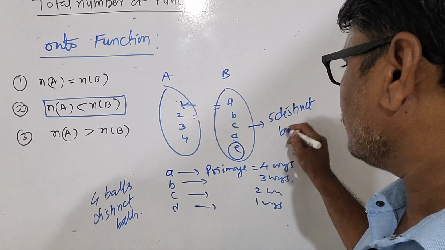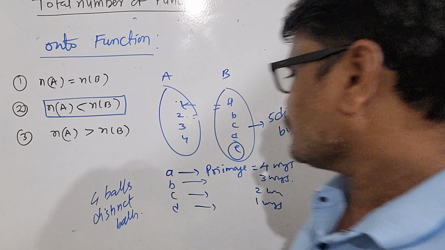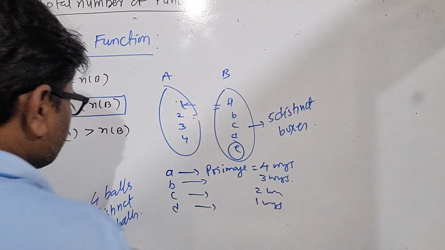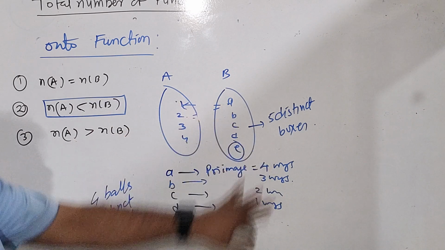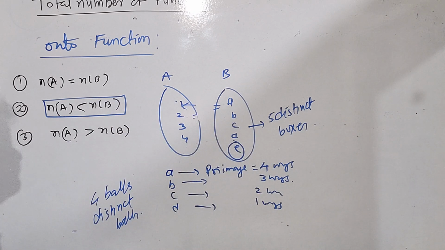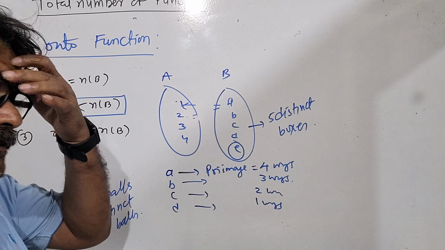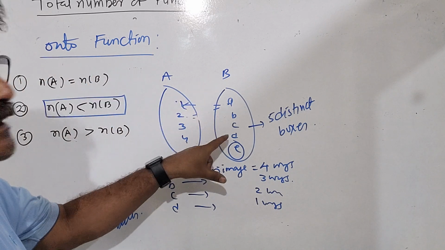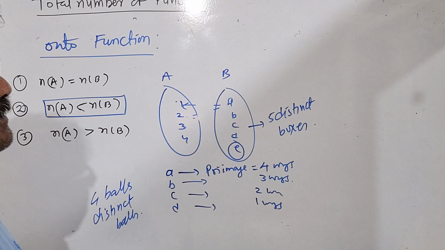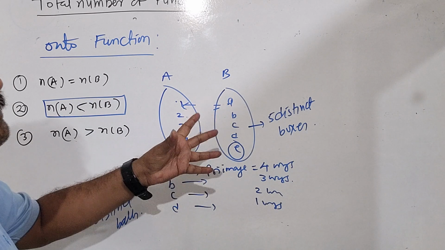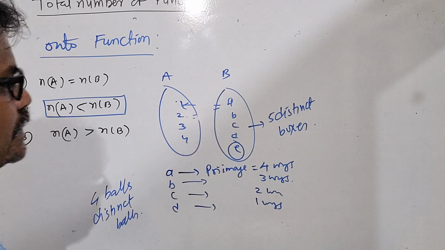So these 4 balls have to be put in these 5 distinct boxes in such a way that each box gets at least 1 ball. Then only the concept of the onto function will be applicable over here.